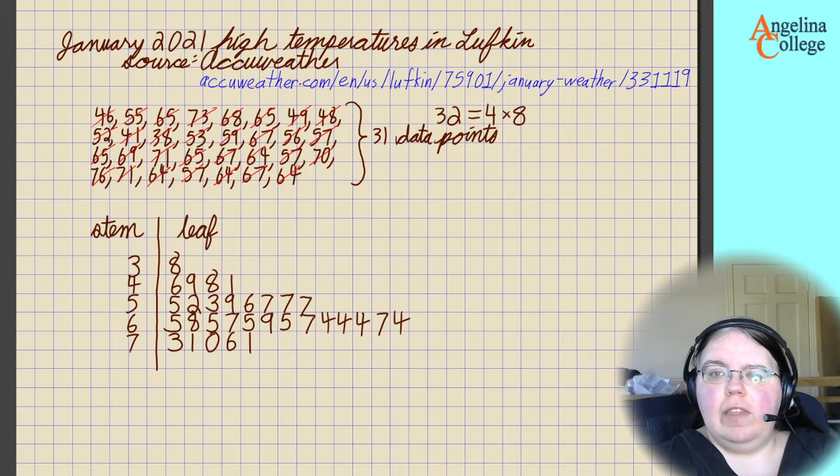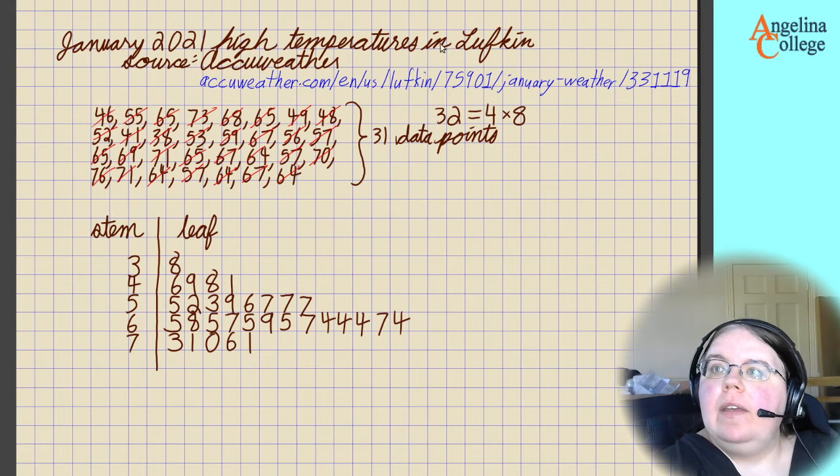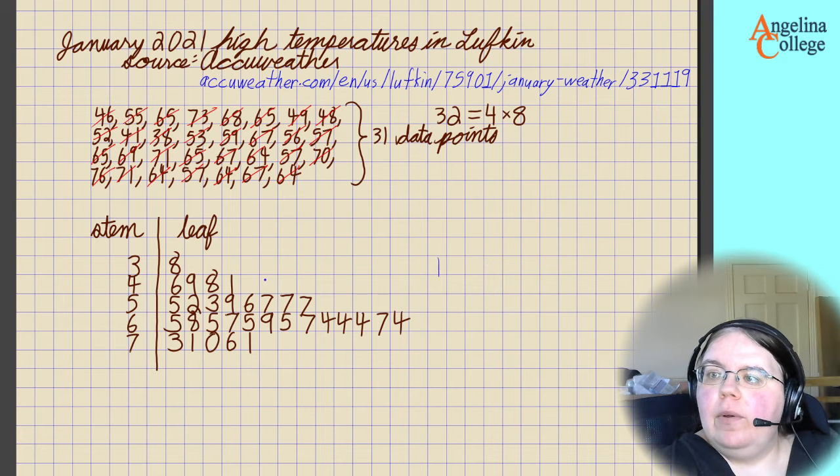Okay, so we're almost there. There's one more thing we need to do for this stem plot to be proper, and there's one thing we should do before we go on. So I see here that we have one leaf going with the 30s stem. Let's see, 4 leaves with the 40s stem. Let's see, 2, 4, 6, 8 leaves with the 50s stem. 2, 4, 6, 8, 10, 12, 13 leaves in the 60s stem, and 2, 4, 5 leaves in the 70s stem.